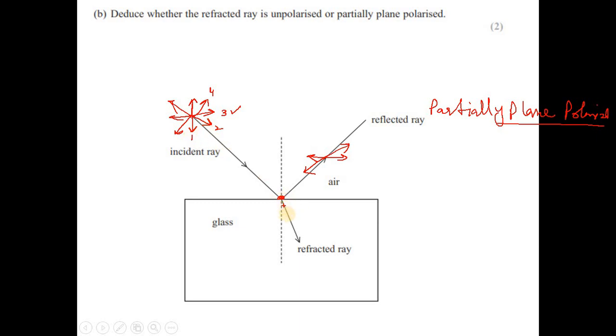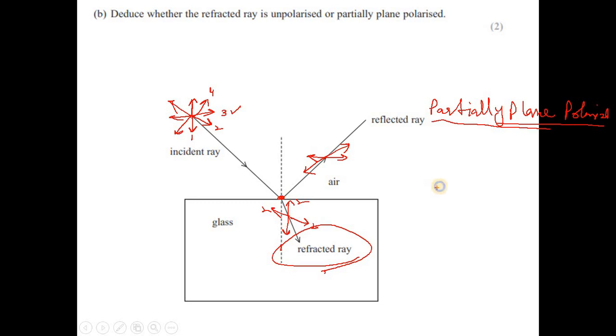Definitely they will be refracting. So plane number 1 and plane number 2 will be refracting. So if the reflected ray is partially plane polarized, that means the refracted ray must be partially plane polarized light. That's how you can visualize the situation.